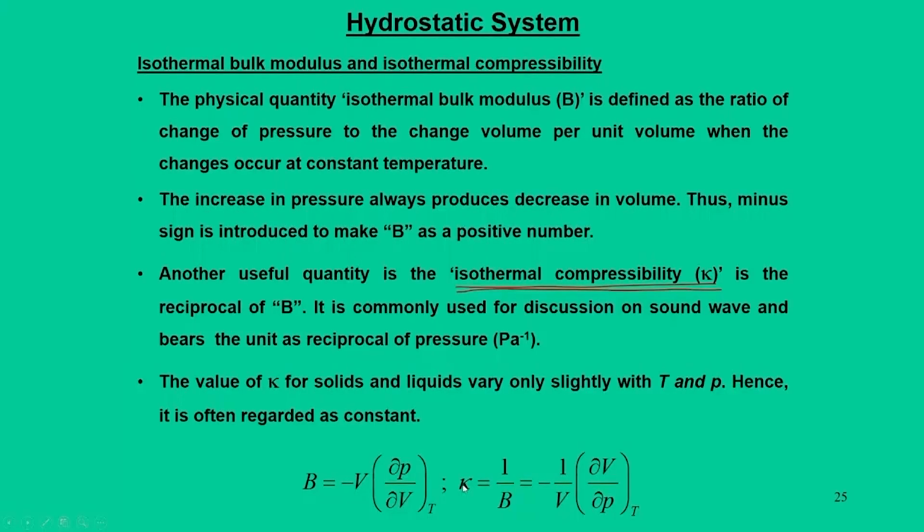It is nothing but the reciprocal of the isothermal bulk modulus, and it is represented by kappa, which is equal to 1/B, and that is equal to minus 1/V ∂V/∂P at constant temperature.